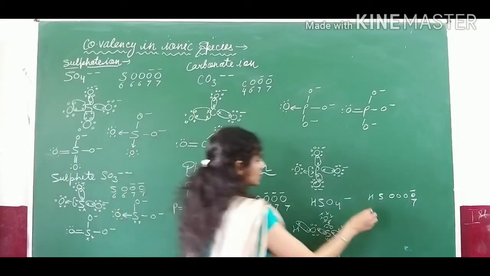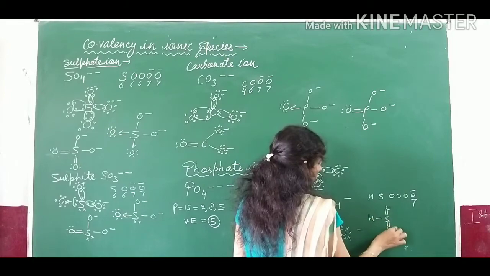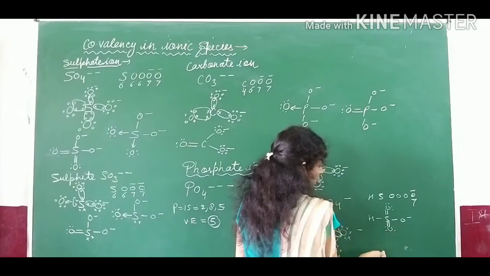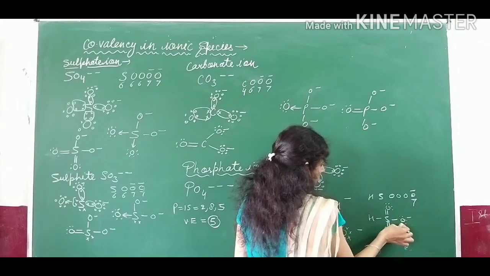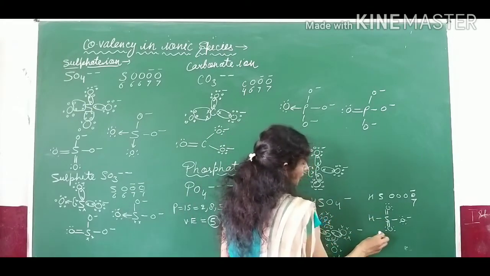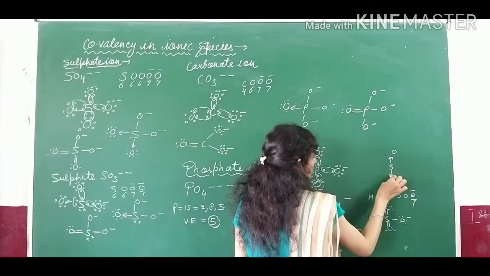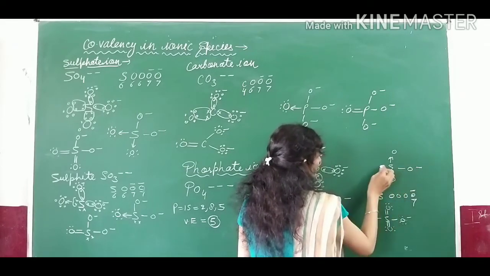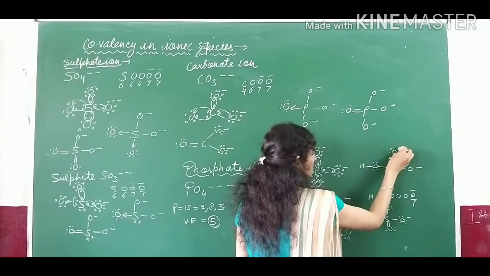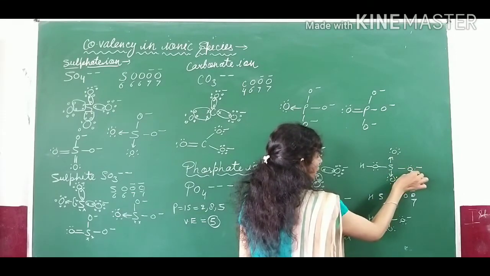Okay. So that structure is to be shown like this: H, S, double bond O, and the one oxygen. Electrons you have to mention like this. 6 you have to mention because the 7th one it has shared. Or you can form the dative bond like sulfur, dative bond, this is dative, negative, and O and H. So the lone pair you have to mention as it is, 6 electrons, 4, 5, 6.